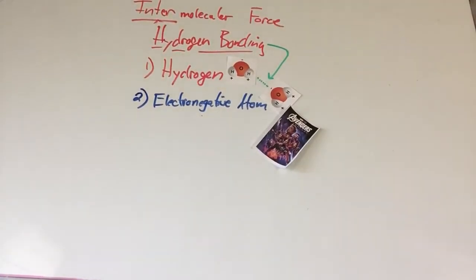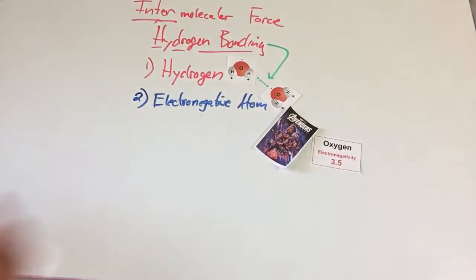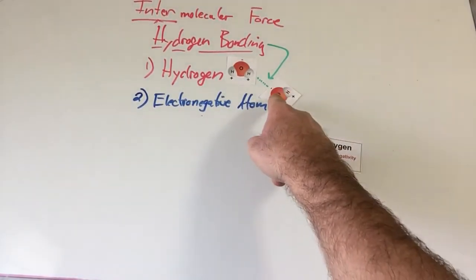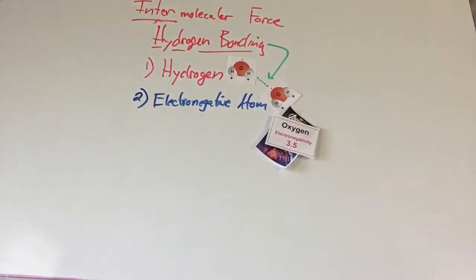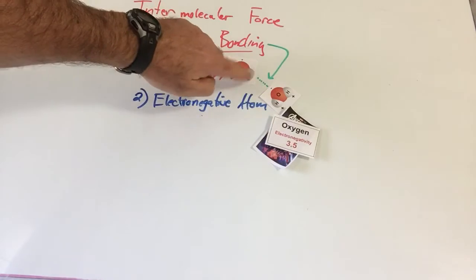And the reason why is because oxygen, with its high electronegativity, 3.5, where the highest value is 4, is, well, electronegative. Electrons really want to spend time with it. And hydrogen, with its relatively lower electronegativity, it's only at 2.1, ends up getting attracted because it ends up being kind of positive.